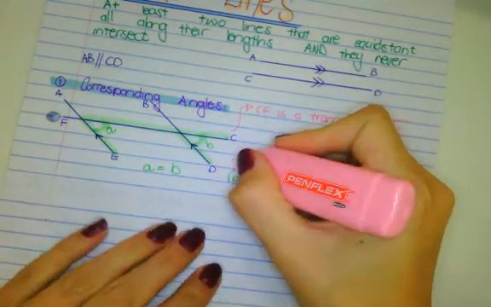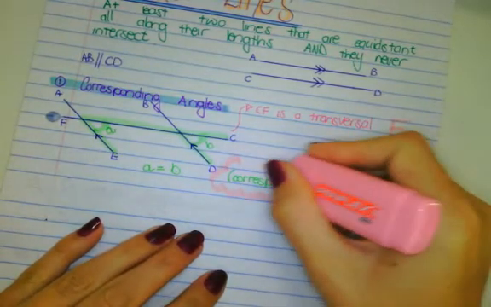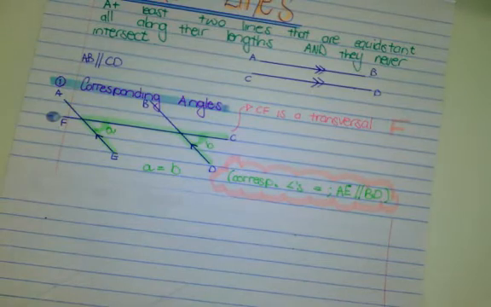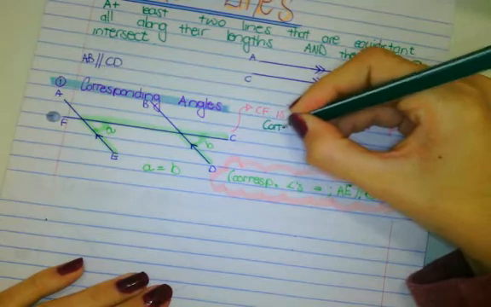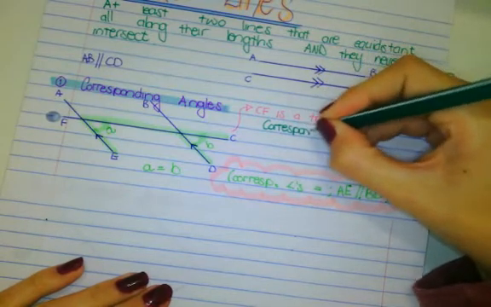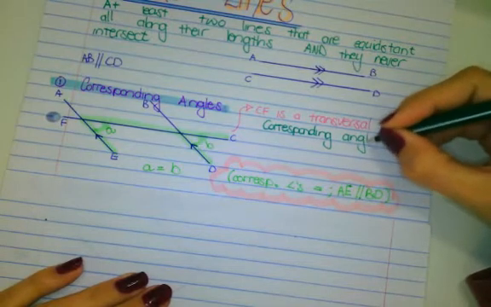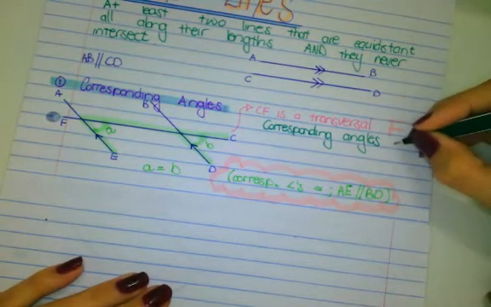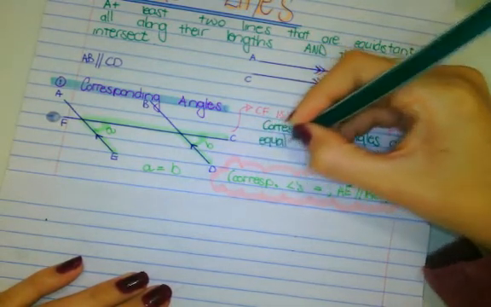And as usual, we have to learn our reasons off by heart. Again, just in words, corresponding angles are equal to each other. If you've got straight lines with a transversal cutting through them, and it forms corresponding angles, that's the F shape, then corresponding angles are equal to each other.